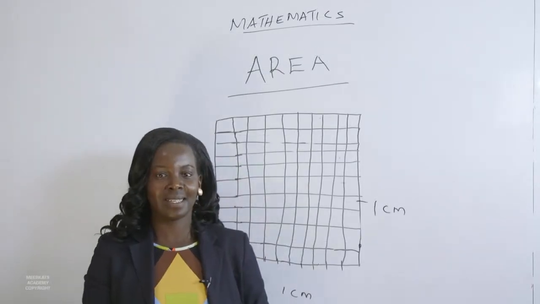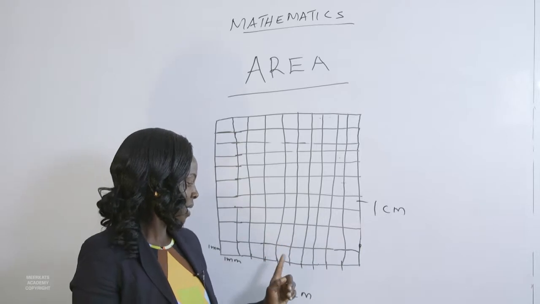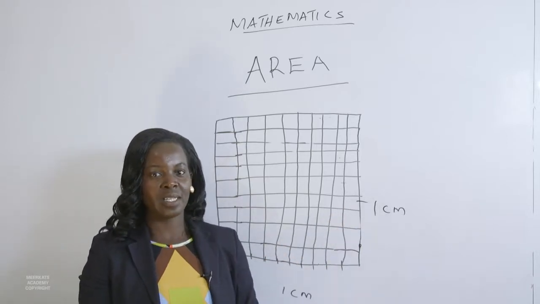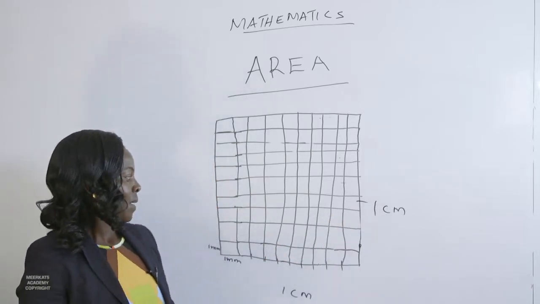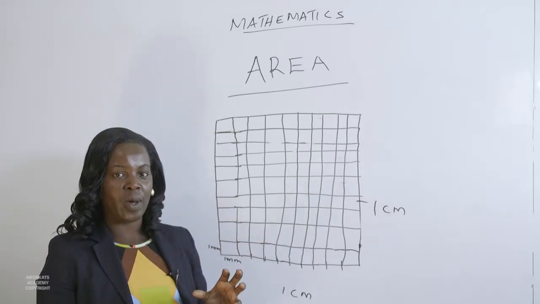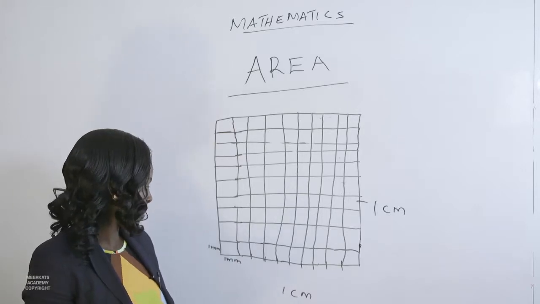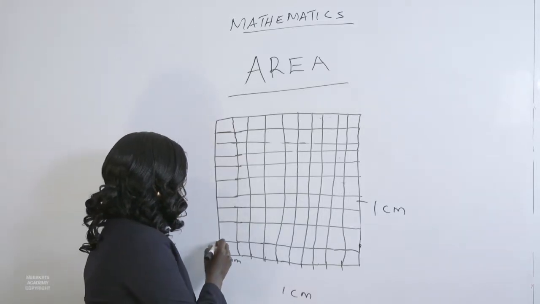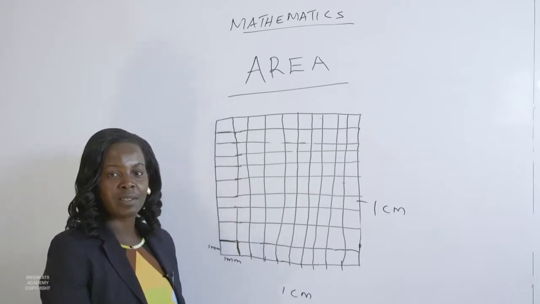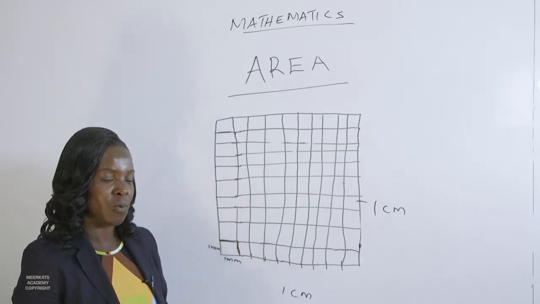Let us divide this enlarged square measuring 1 centimeter by 1 centimeter into small squares of a millimeter, measuring 1 millimeter by 1 millimeter. This one small square is what is measuring 1 millimeter by 1 millimeter.